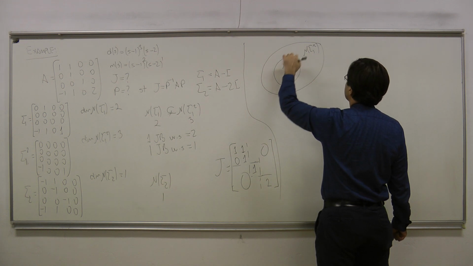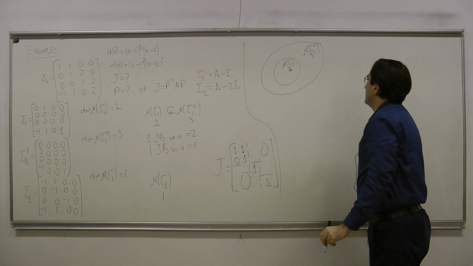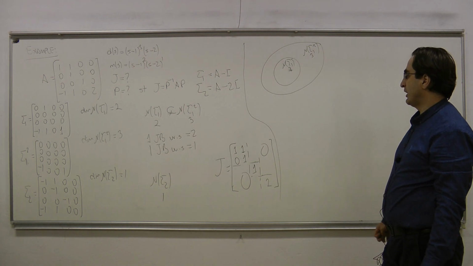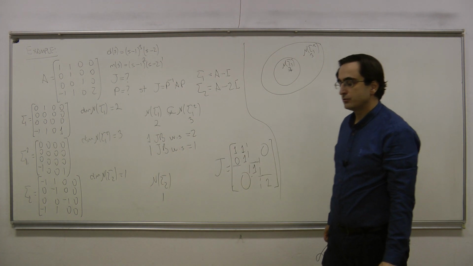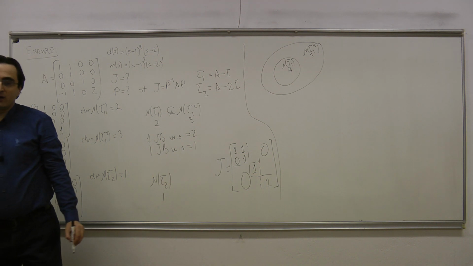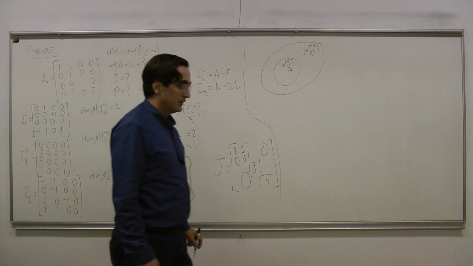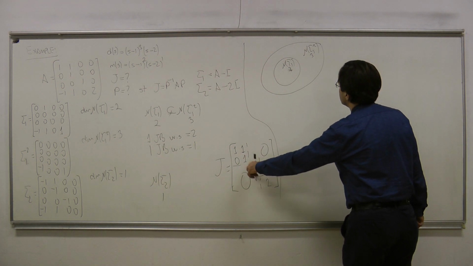The dimension of this one is 2, and the dimension of this one is 3. Let me try to find my chains here. For the first eigenvalue, I have 2 Jordan blocks whose sizes are 2 and 1. That means that I will need to find 2 chains whose sizes would be 2 and 1, corresponding to the Jordan blocks.